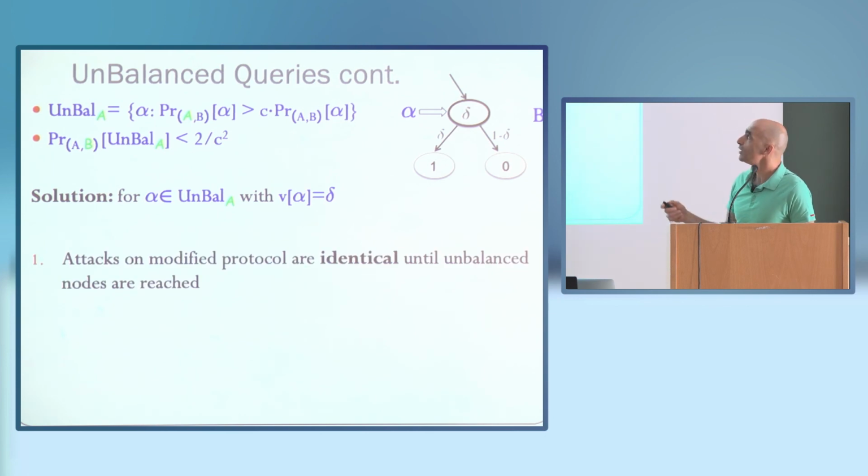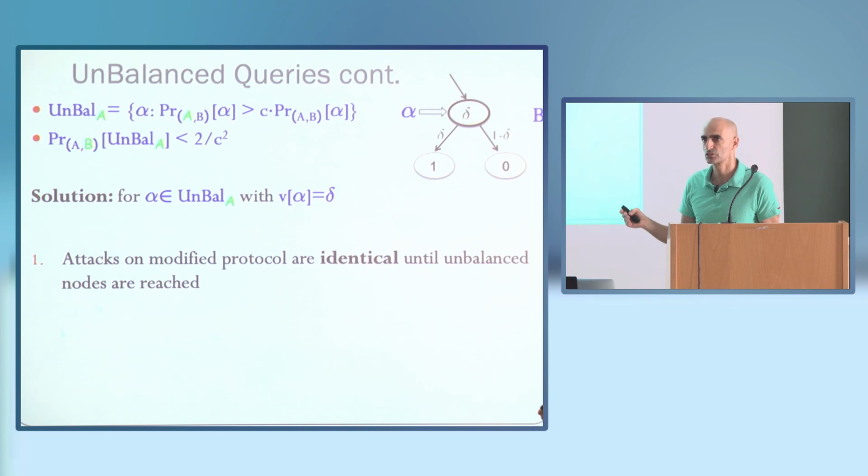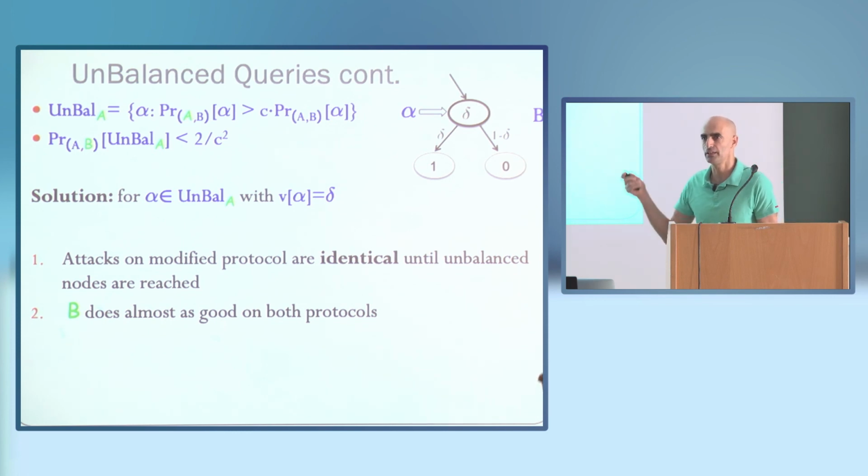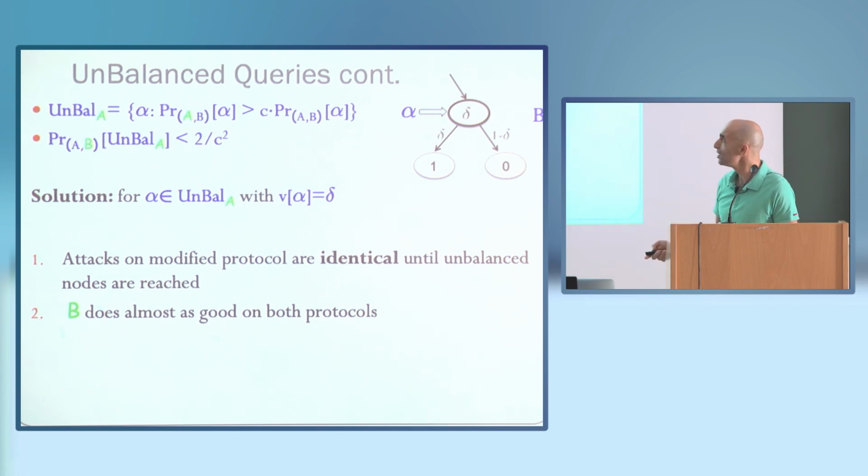Furthermore, the malicious parties, until reaching this node, behave exactly the same. So on all other nodes, they have the same success probability. And here we can show that since B hardly ever gets here, he doesn't gain too much by considering this protocol.